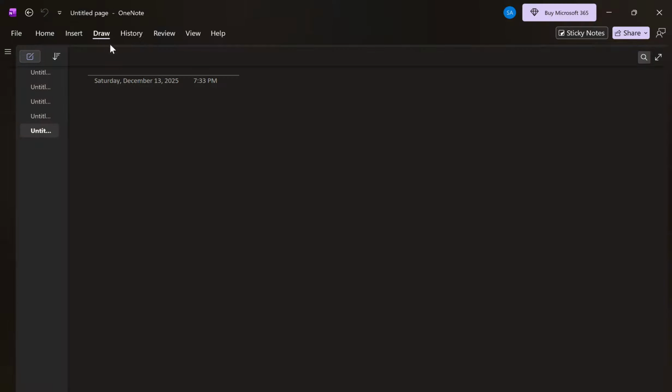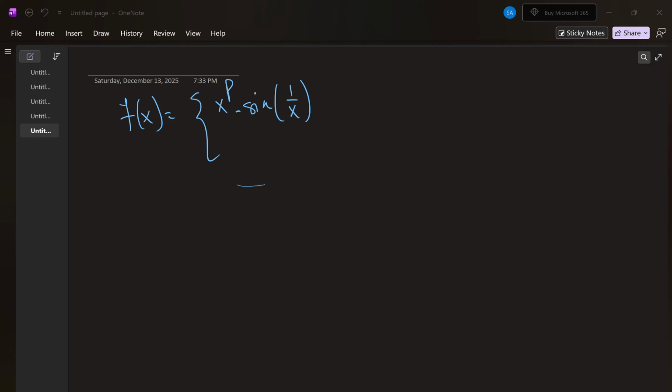So here the next question is f of x is equal to x to the power p times sine 1 over x if x is different from 0, and equals alpha if x is equal to 0.